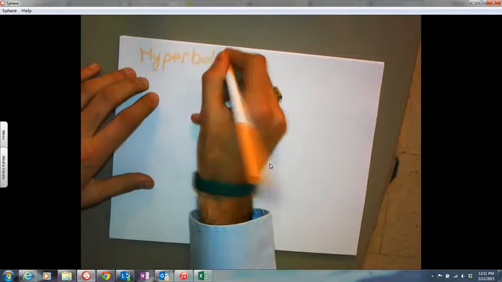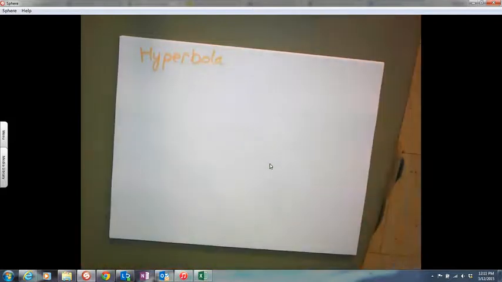So the hyperbola, again, it can be either vertical or horizontal. We've seen ellipses, vertical, horizontal, parabolas, hyperbola, same thing.